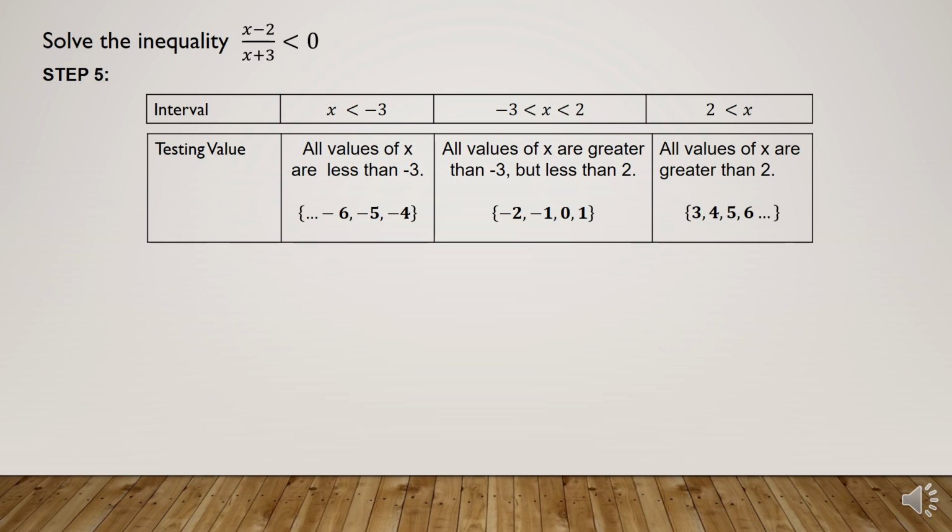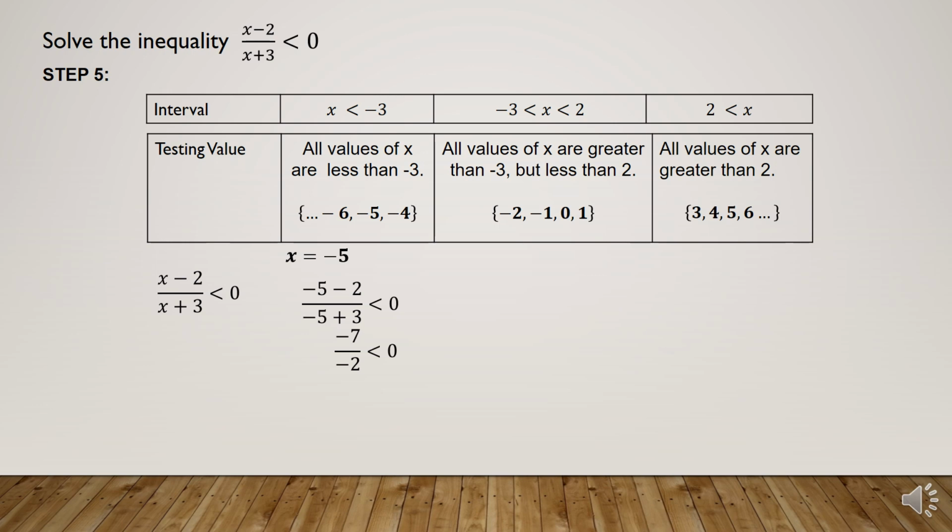So, in the first interval, let x is equal to negative 5. Then substitute this to the given inequality. We have (negative 5 minus 2) over (negative 5 plus 3) is less than 0. To check if this is true, we will now simplify the left side of our inequality. Negative 5 minus 2 is negative 7, over negative 5 plus 3, which is negative 2.